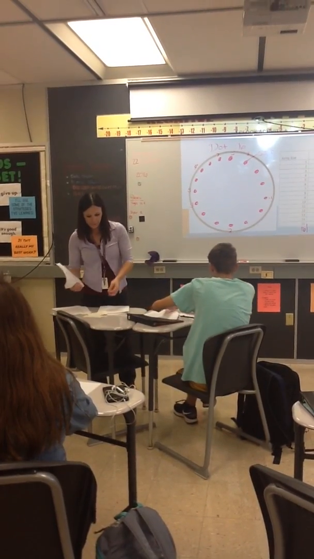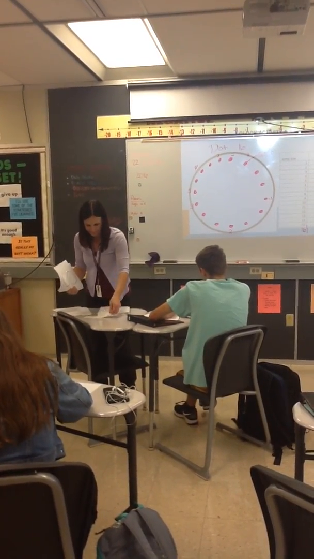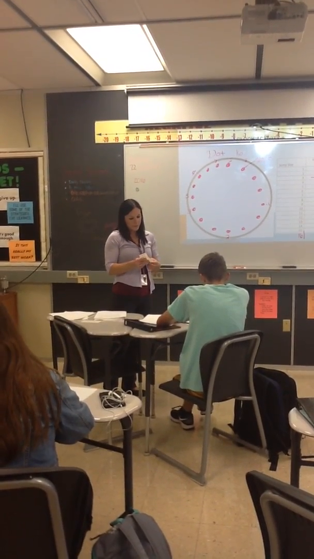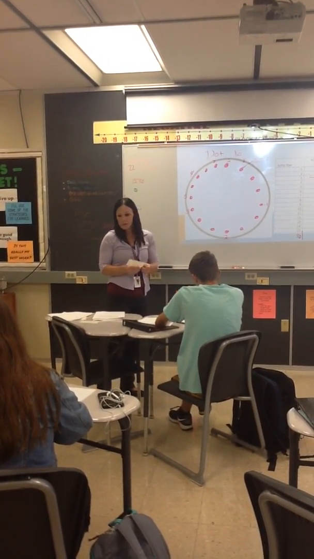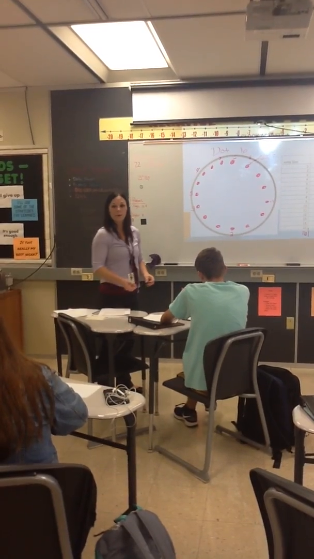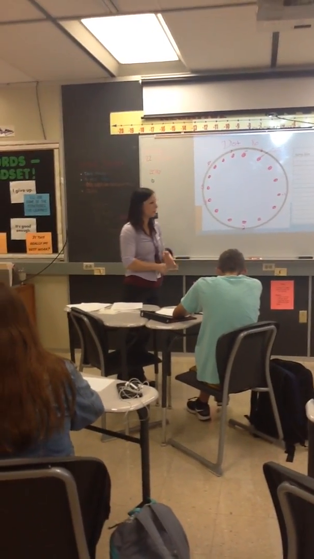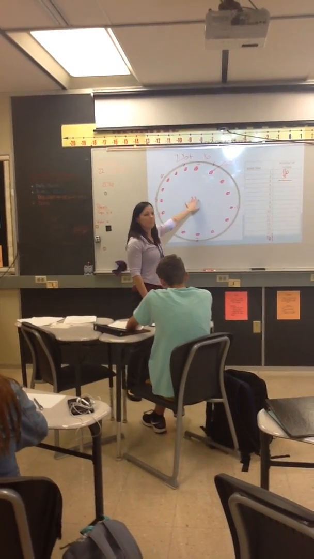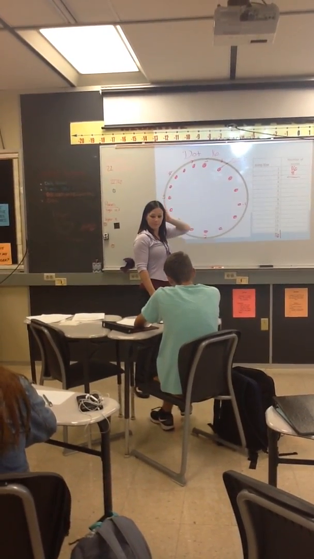Only 12 of them. And now remember, you need to designate a starting spot. So mark where you're going to start once you do that. Would you like me to leave this up here so you remember?